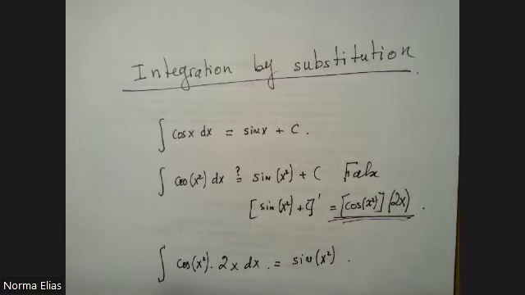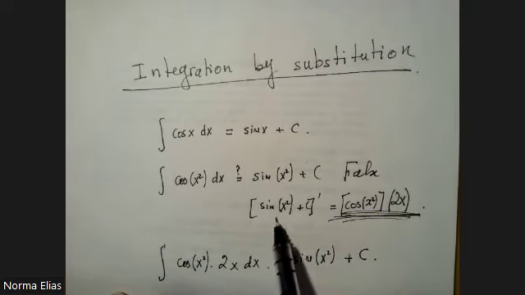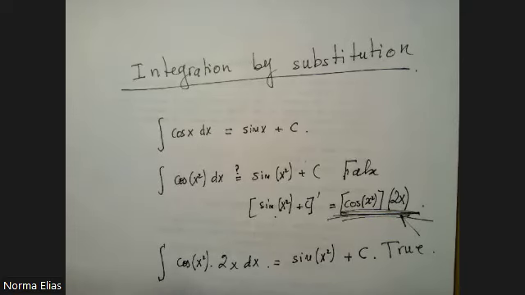Is this true or false? If I take the antiderivative of cosine x squared times 2x dx, do I get sine x squared? And this is absolutely true because the derivative of sine x squared is 2x times cosine x squared.